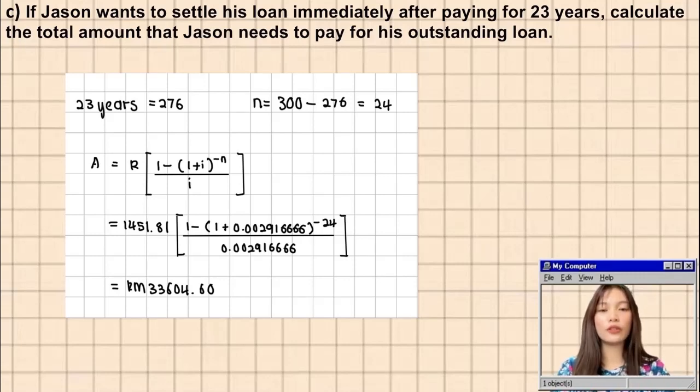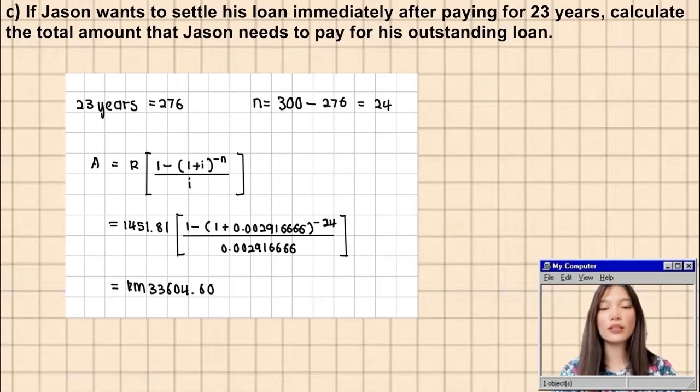The formula is A equals R open bracket 1 minus (1 plus I) power of negative N over I close bracket. 1451.81 open bracket 1 minus (1 plus 0.00291666) power of negative 24 over 0.00291666 close bracket.